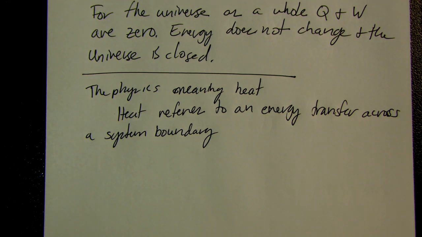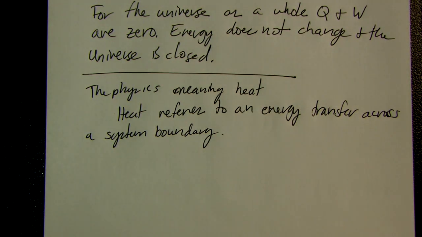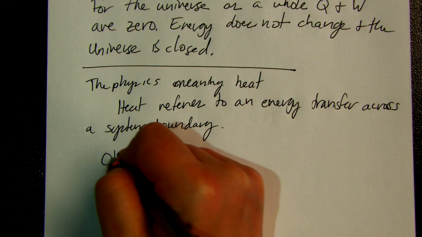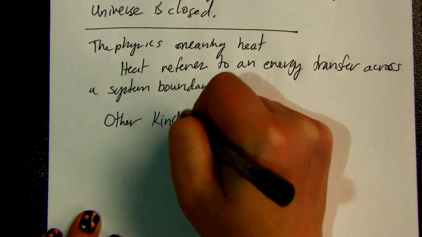That is heat. That is what we mean in physics by heat. Now, scientists are just as capable of using colloquial terms as much as anybody else, but if you are looking at heat in a physics problem or paper or book, this better be what they're referring to. Okay, so building on this concept, there are other kinds of energy transfers.